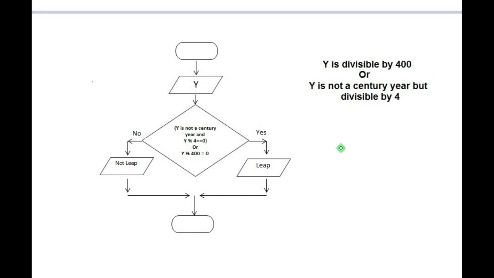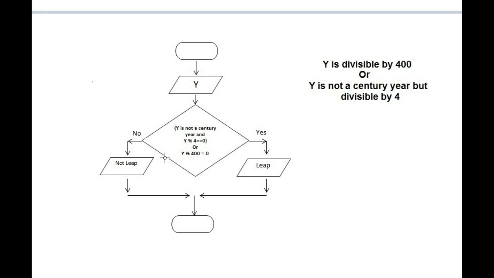So we can figure out that this case also is checking whether the year is divisible by 400 or it is not a century year but divisible by 4. So if it is yes, then in a similar case it is going to be considered as a leap year, and if it is not the case, then in all other cases it is going to be considered as a non-leap year. So there is a possibility of bringing those conditions together to define this compound condition.